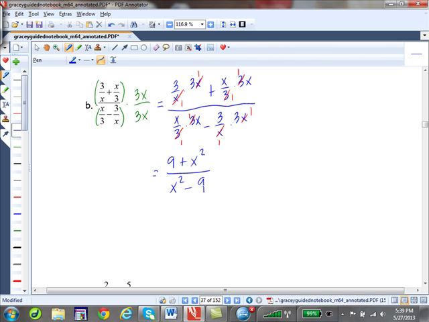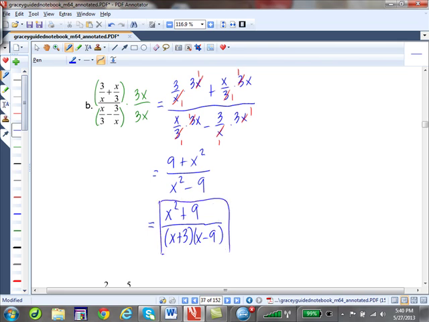Now be careful, these are not the same and these are not opposites. Right? You can commute the terms in the numerator to get x squared plus 9. In the denominator, that factors because it's a difference of squares. But the numerator does not factor, it's prime.